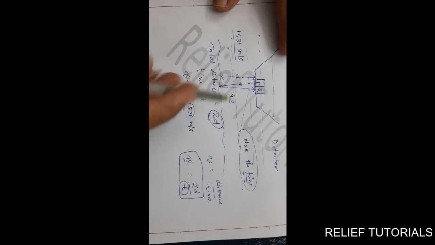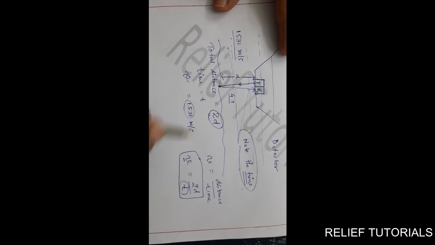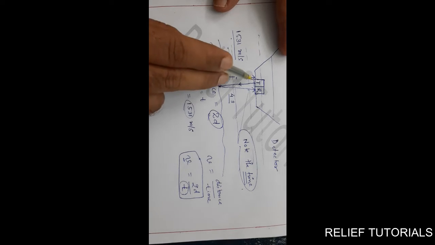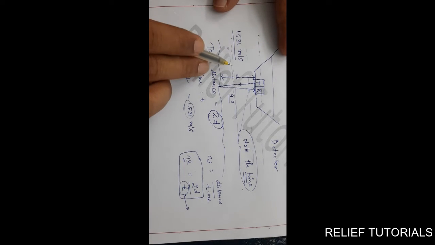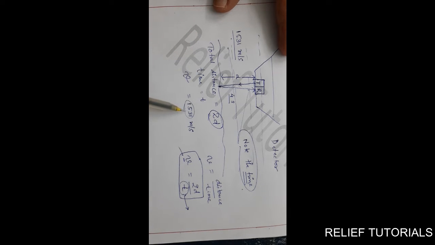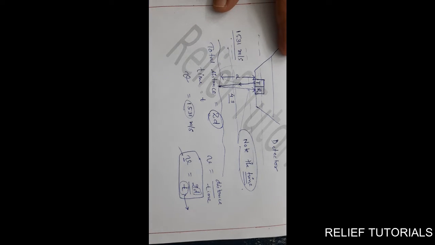Whatever the time is, it will be noted by the sonar device, so t is known to us with the help of the sonar device. So what is missing? The d. D is the depth of the sea. So in this way we can calculate the depth of the sea.